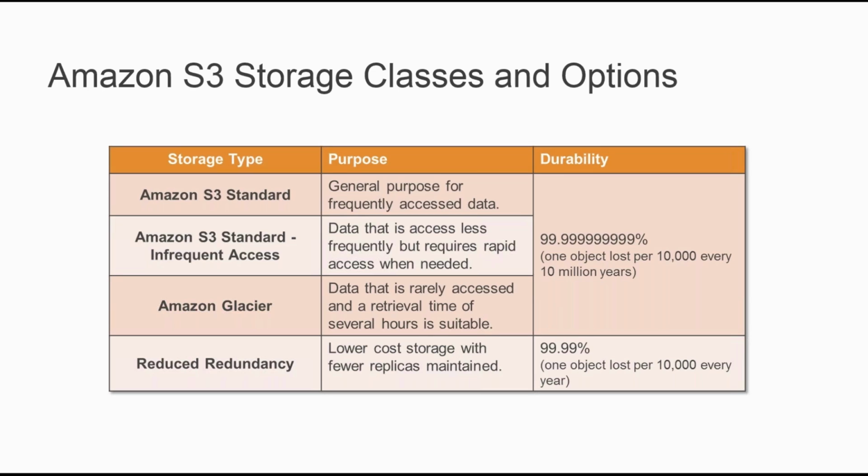So for all that type of data, we've got a fourth class introduced, which is reduced redundancy, where you get an even cheaper amount of storage than the S3 standard and infrequent access, but here the number of replicas would be lesser than your S3 standard and infrequent access. That's why the durability is 99.99%, but you can be sure that the object would not be lost. But of course, theoretically, it is lesser than S3 standard and infrequent access.